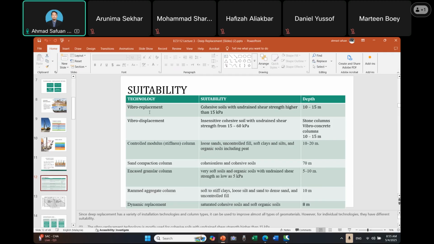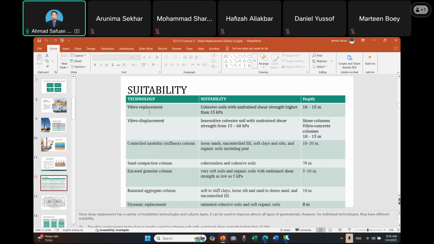So it is suitable for insensitive cohesive soil with undrained shear strength from 15 to 60 kPa, and can be up to 15 meter deep.